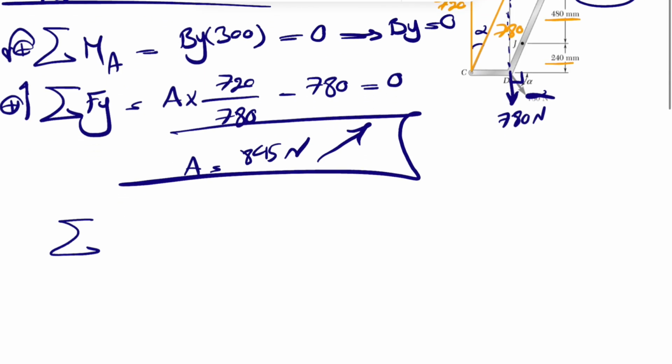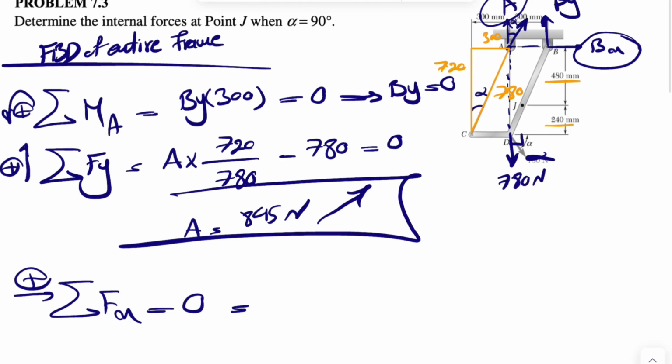And now we can do sum of all forces in x equals 0, which is going to give us this time A sine of alpha, or 300 over 780, plus Bx is equal to 0.